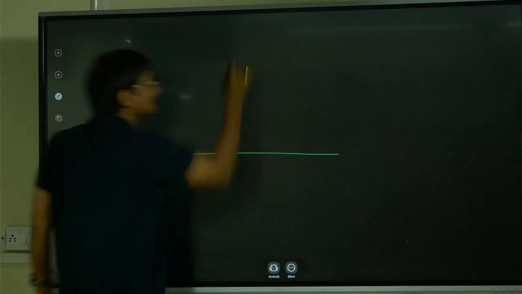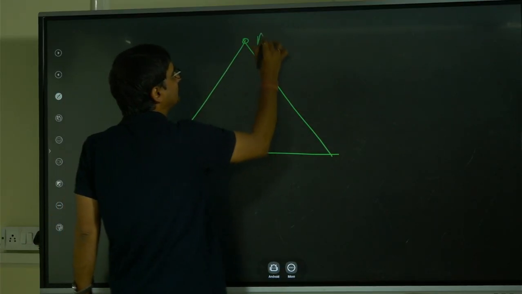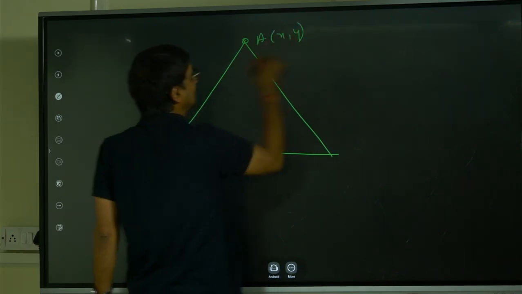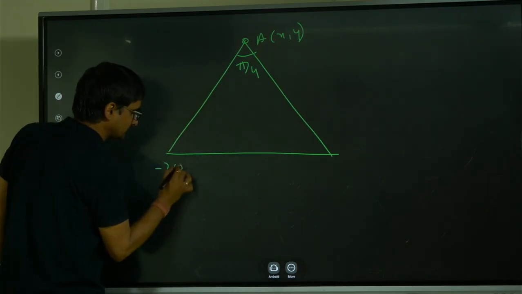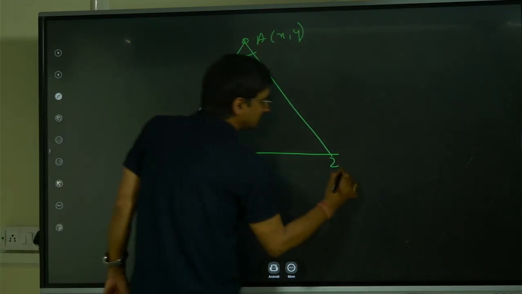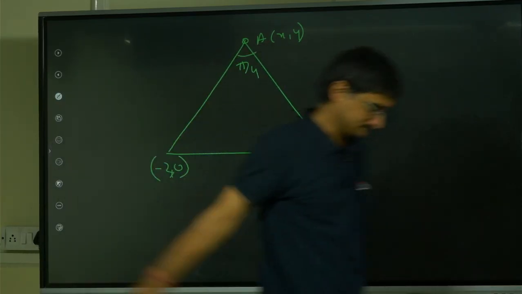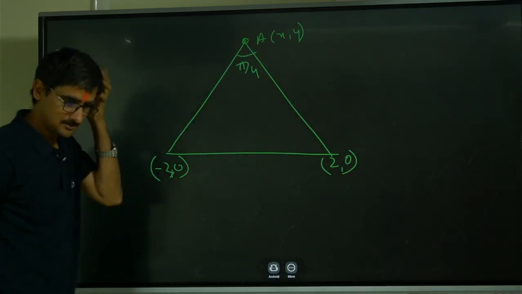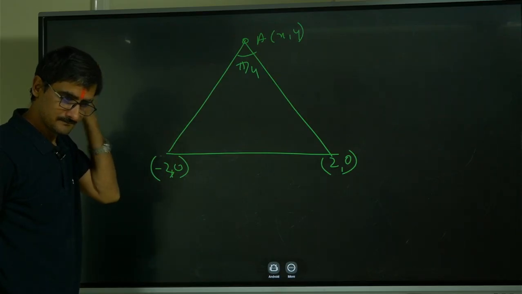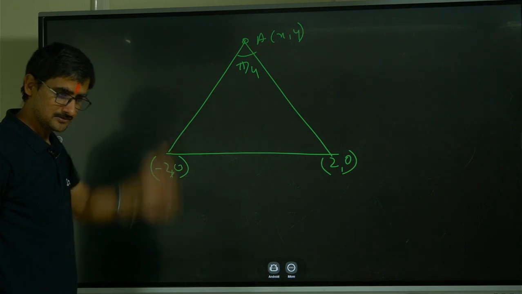So it's like there's a point A, x comma y, where the angle is pi by 4, and the points -2 comma 0 and 2 comma 0 subtend an angle pi by 4. So it has to be on the circle, isn't that?